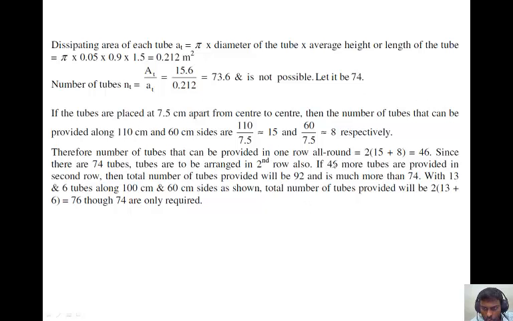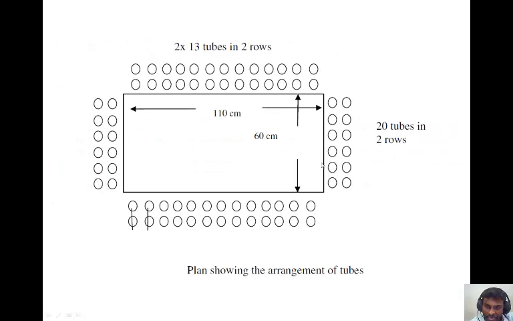As per your own design thinking, you can spread your tubes as you wish. Not only 13 by 6, you can go for either 14 by 5 or otherwise 12 by 7, anything.